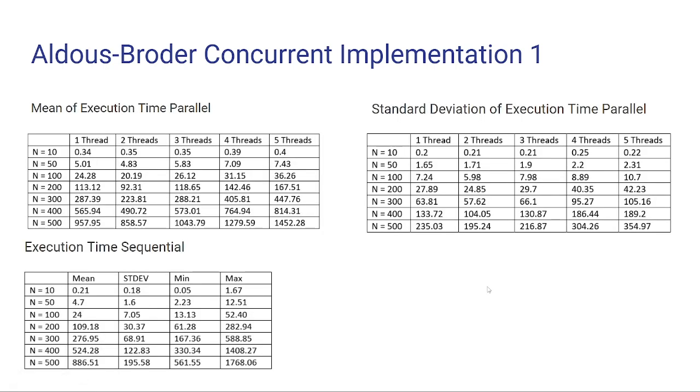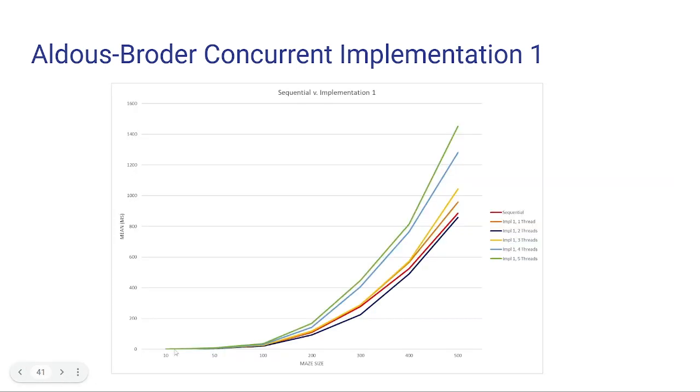So this is the data of the concurrent implementation compared to the sequential version. As you can see with 2 threads, there's a massive performance boost over the sequential version. And after 2 threads, there's a big performance drop-off. And in this slide, we can see that only 2 threads with this implementation performs better than the sequential version.